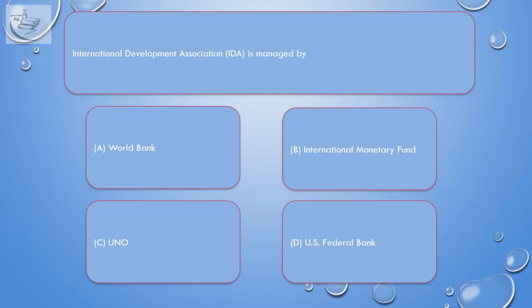Question: International Development Association, IDA, is managed by A. World Bank, B. International Monetary Fund, C. UNO, D. US Federal Bank. Correct answer is A. World Bank.